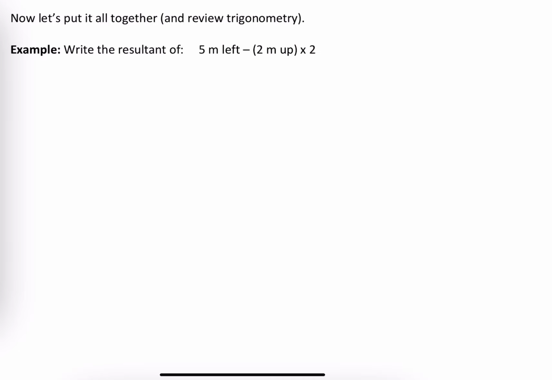So 2 meters up times 2 will be 4 meters up. And now I'm in a position of having to subtract 4 meters up. To do that, I add the opposite. So the opposite of 4 meters up being 4 meters down.